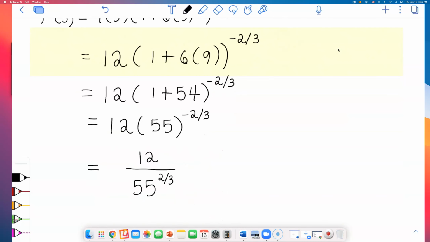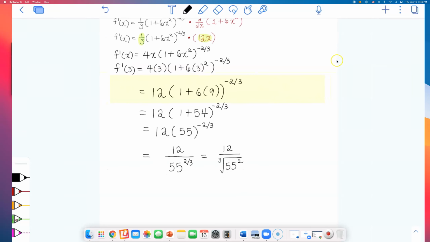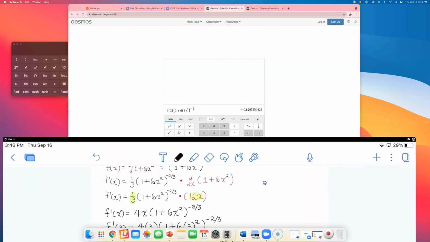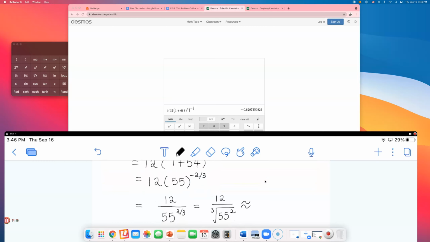Now, did they ask you for that? It's not going to get any prettier than this, really, right? I guess I can write this as the cube root of 55 squared. But now I got this from your homework, so I'm going to go and investigate. Did they want a decimal? I can give them a quick decimal. I can say this is approximately 0.8297.